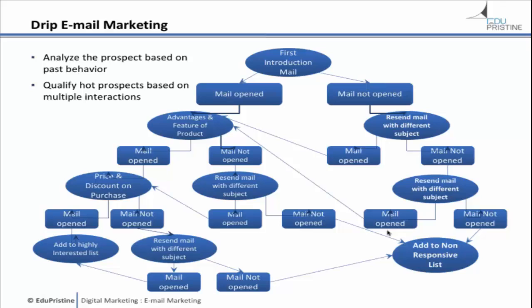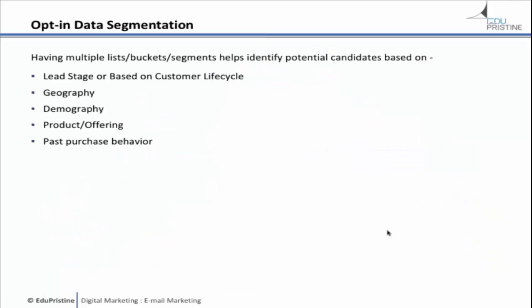Or if the mail is not opened, I resend the email with a different subject. Email opened, I'll classify them as highly interested, and those who do not show any interest, I put back in the non-responsive list. So this helps you focus on people who are actually interested in your product or service and market it to them, rather than spending a lot of time on somebody who's not interested.